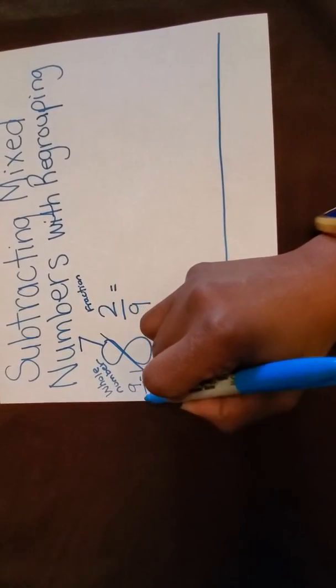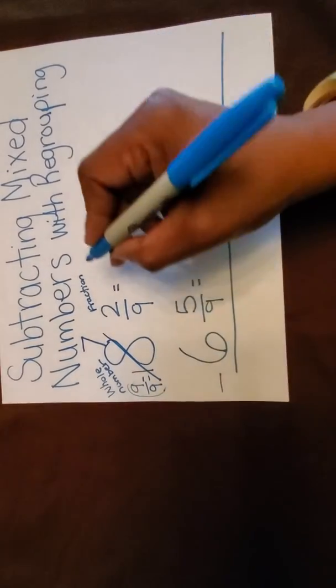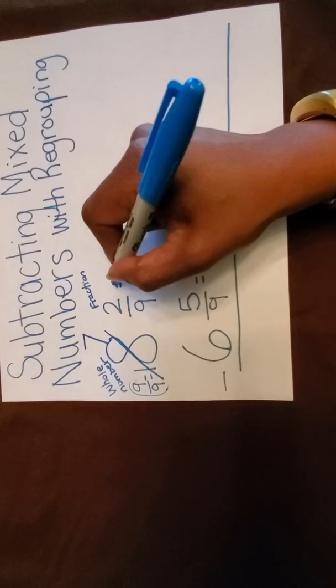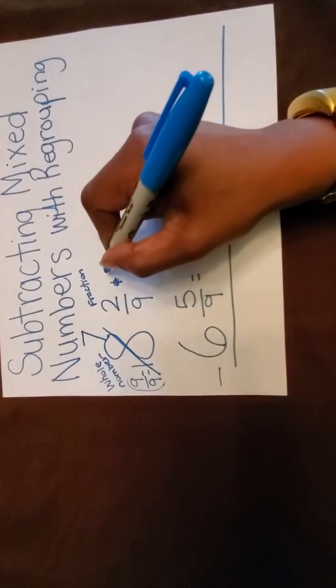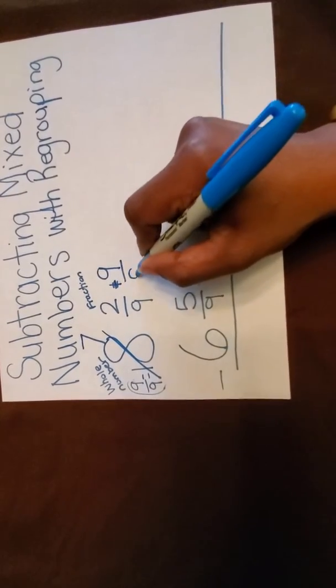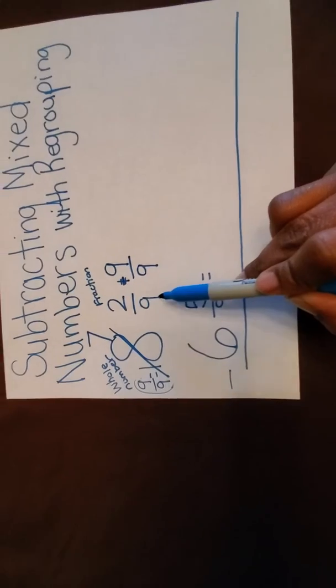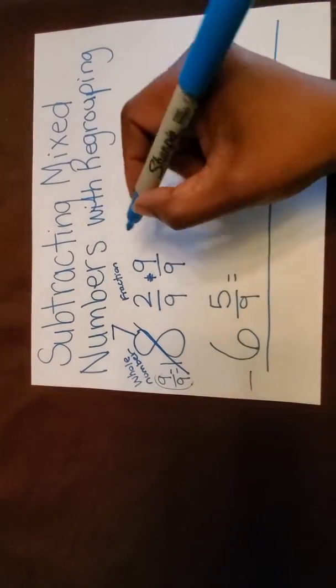So you're going to take this, what's equivalent to 1 whole, and you're going to make this a plus. And so you're going to add these numerators together and keep the denominator.